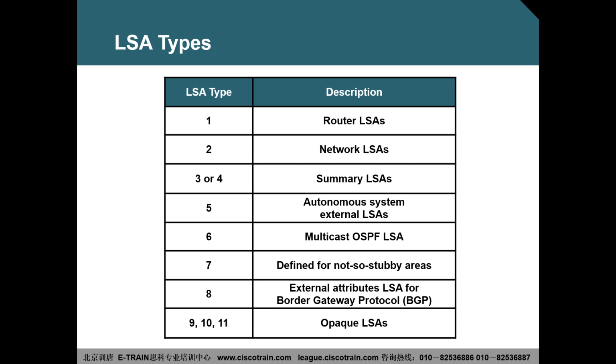This advertisement that goes out from every single router on every wire, on every port, is called a router LSA. Type 1, router LSA. See, the name is easy to remember. It comes from every single router.